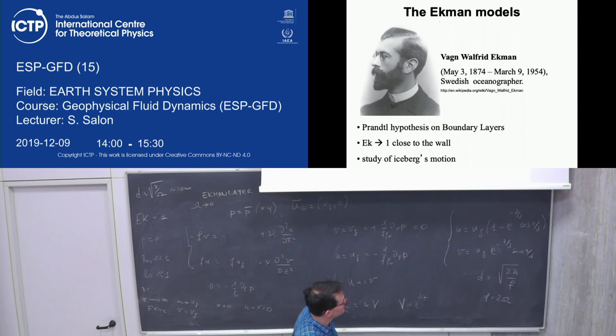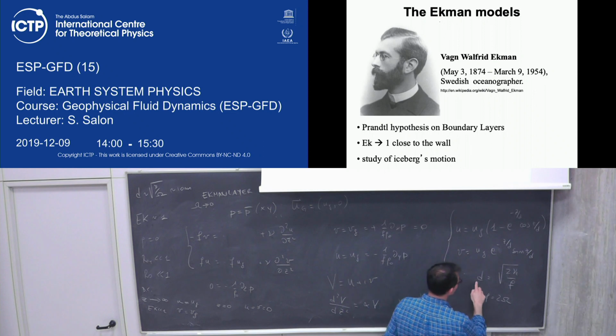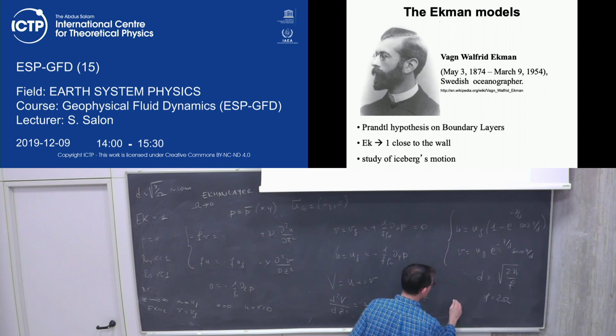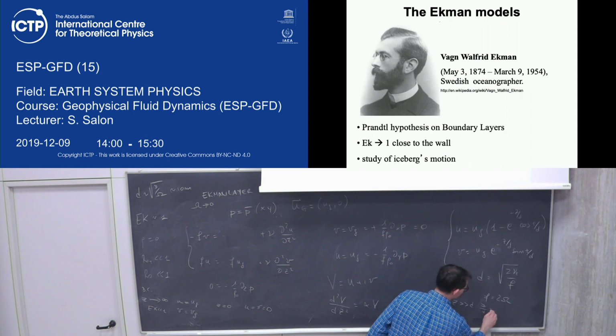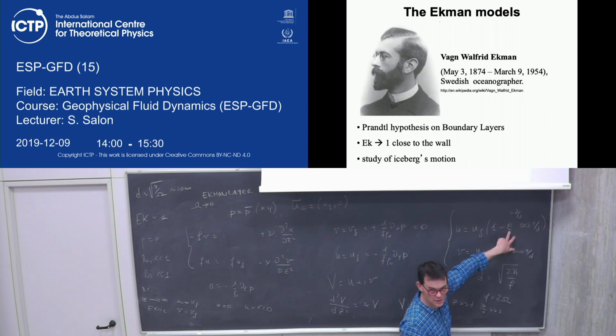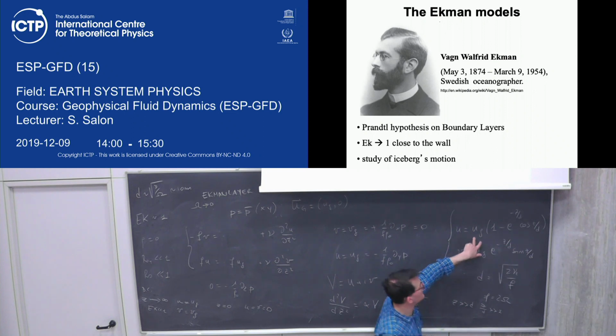Of course it's true. So this is the measure of the Ekman layer. And we can say that when z is much larger than D, so it means that z over D is much larger than 1, this term here goes to 0, so U is just UG, and V is just 0.